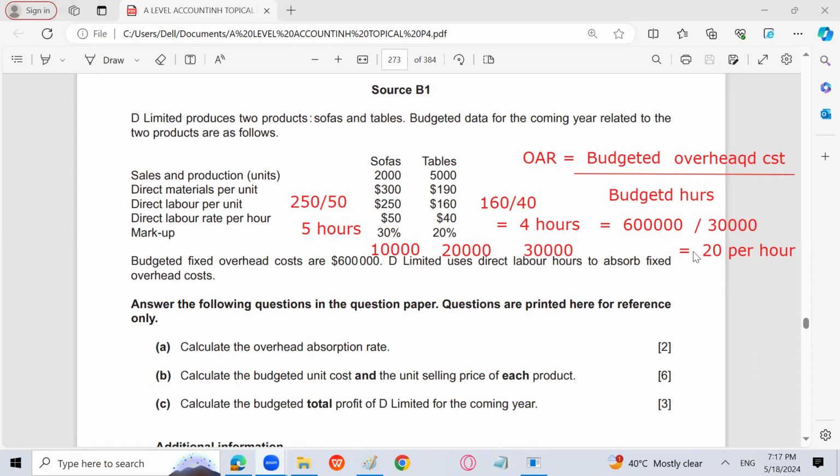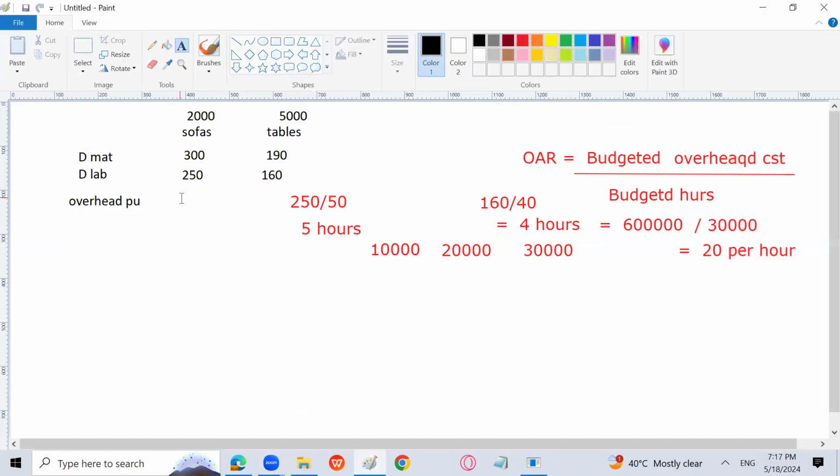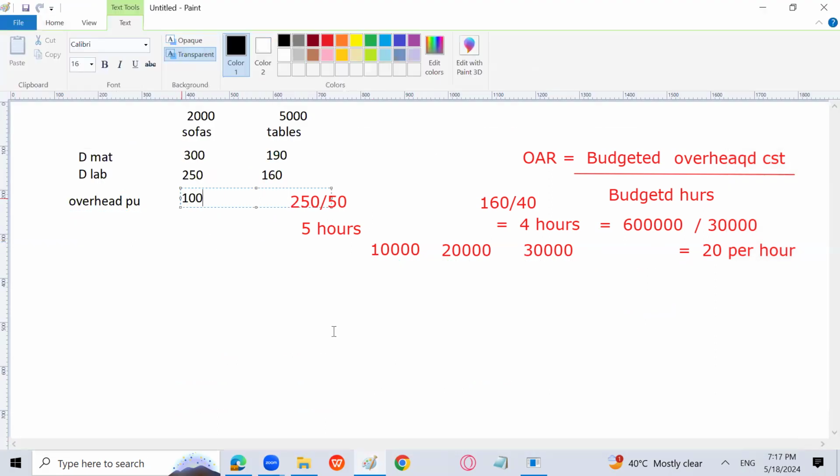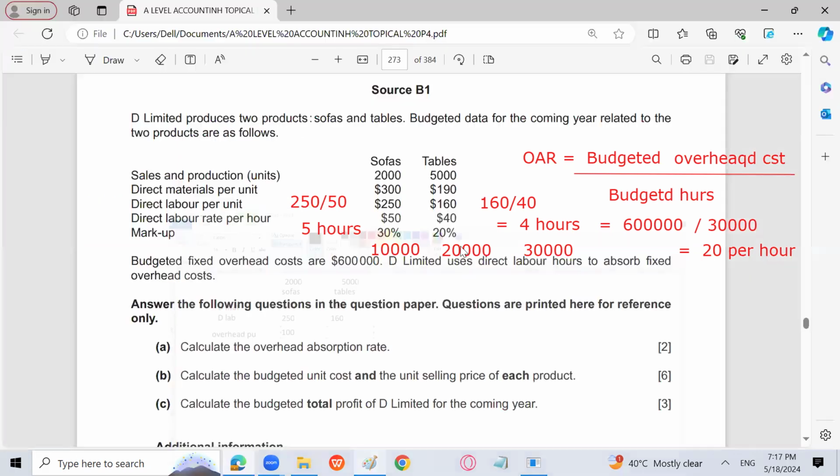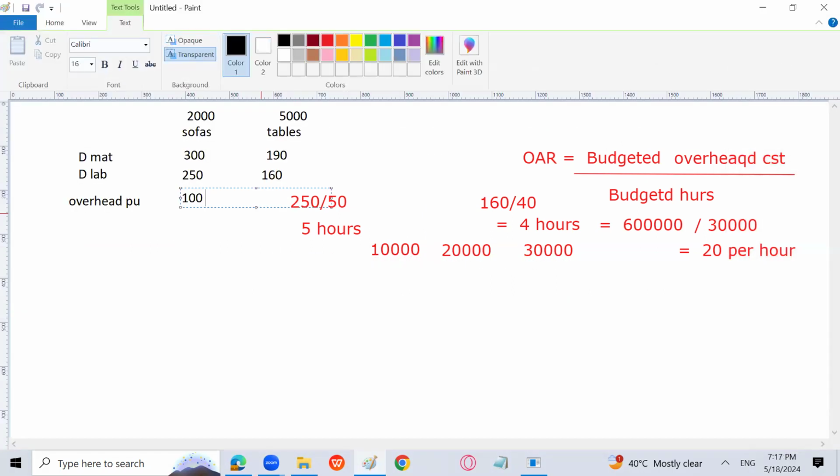So we have to see how many hours are consumed by each sofa. 5 hours. So 5 into 20, because 20 per hour is the rate. So you will get 100 for overhead per unit for sofa, and 4 into 20, 80 is going to be the overhead cost for tables.